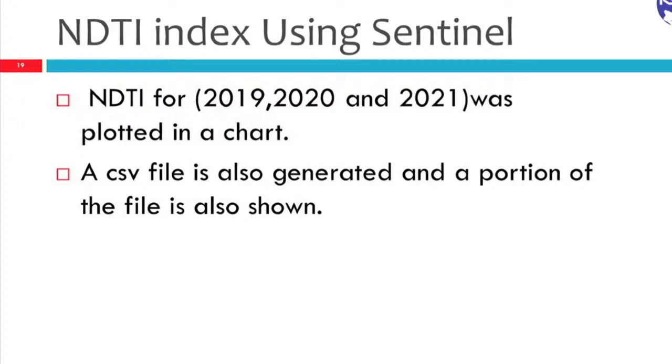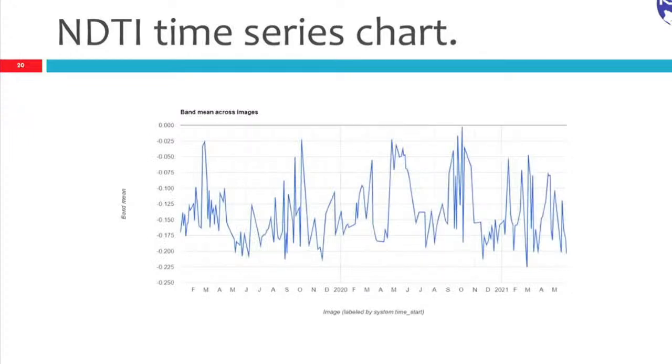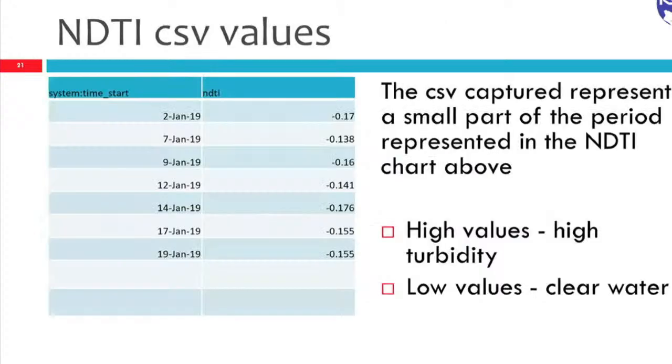Then we did some turbidity time series for 2019, 2020, and 2021, which can be seen from the graph there.